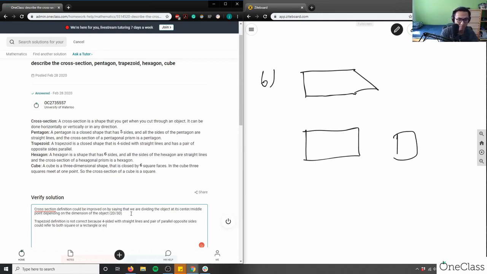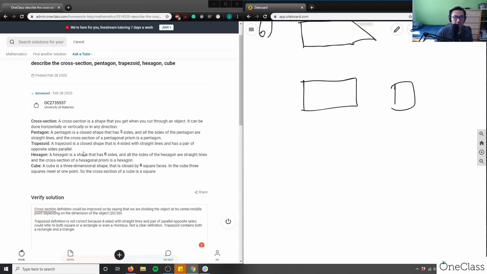So again, this is not a clear definition. They need something like a trapezoid contains basically a rectangle and a triangle, or contains both a rectangle and a triangle. So this is not the greatest definition. Sorry, University of Waterloo, unfortunate.